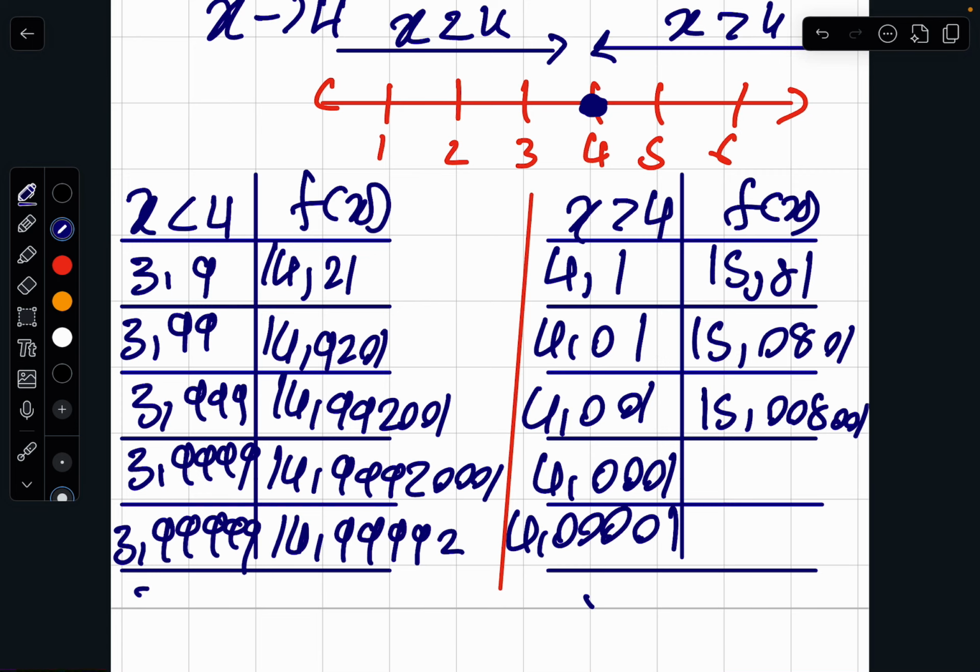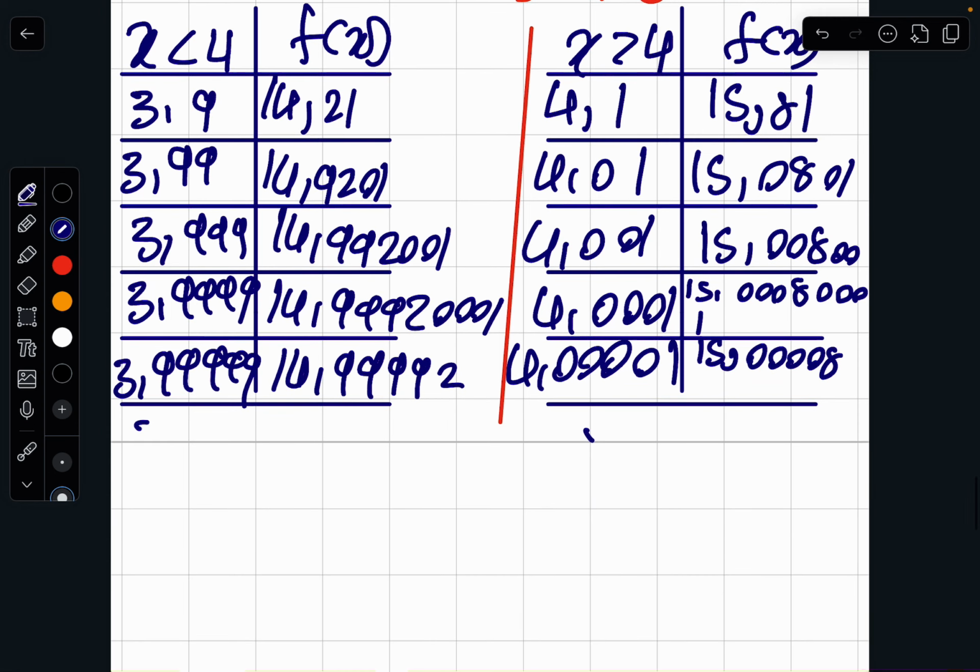Then another one is what? Another one is 15.00000801, ne?